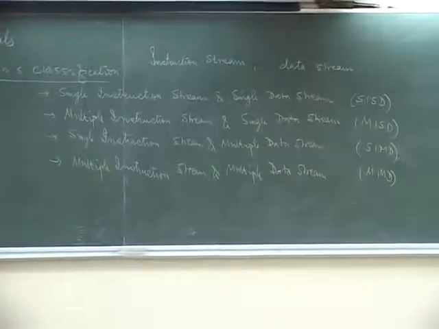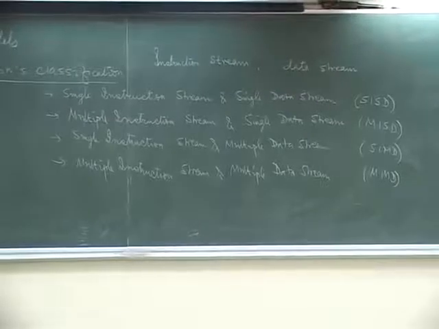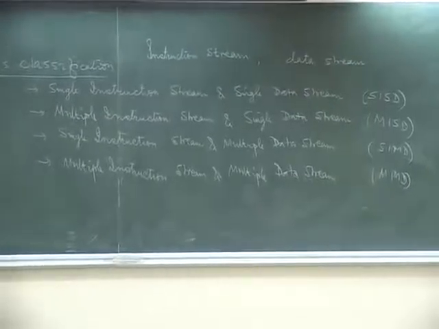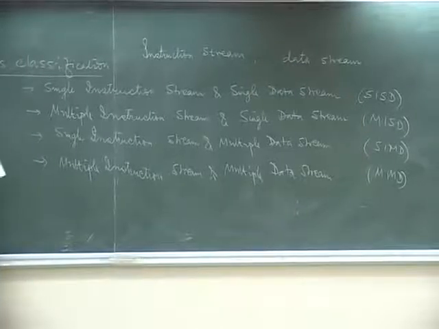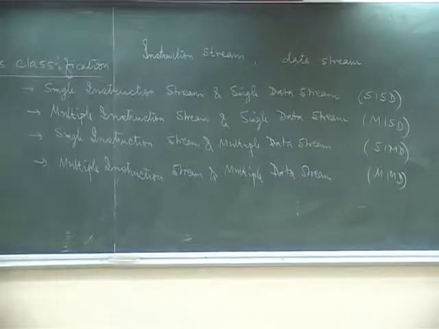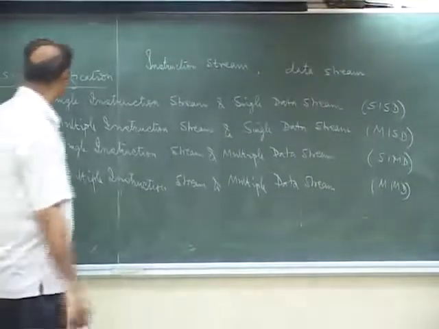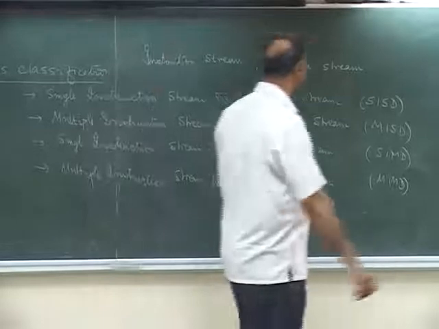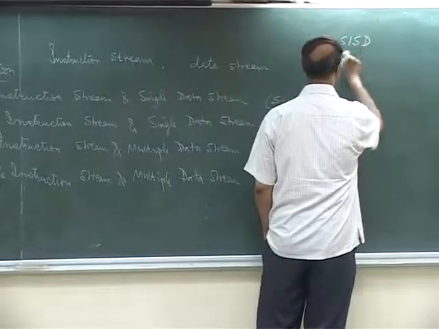So Flynn classifies the whole class of computation into 4 categories: SISD, MISD, SIMD, and finally MIMD. Now let us discuss the first, SISD, which is basically your available sequential machine.